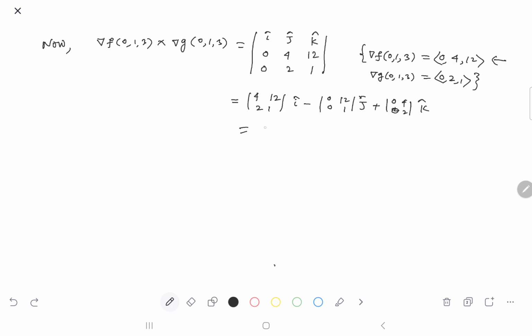So what should we get? We get (4 minus 24) i cap minus (0 minus 0) j cap plus (0 minus 0) k cap. So we get minus 20 i cap minus 0 j cap minus 0 k cap. Is it clear?